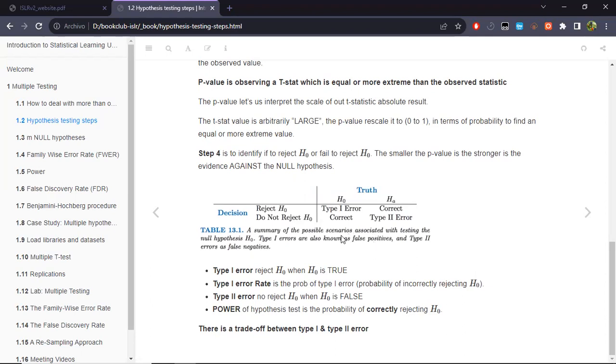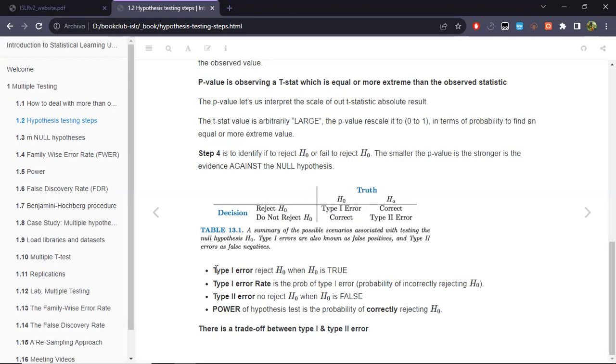And in this part, they mention all of the possible cases with respect to the truth of the null hypothesis, if it is true or if it is false, and also the scenario if we happen to reject the null hypothesis or we fail to reject it.